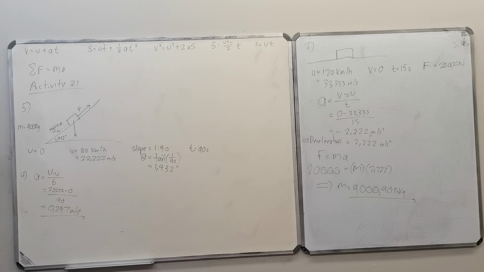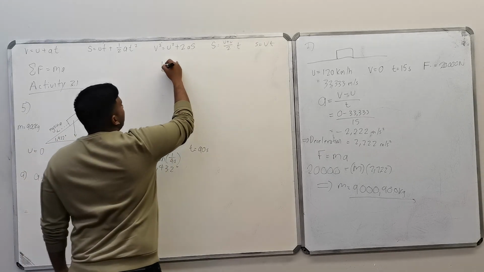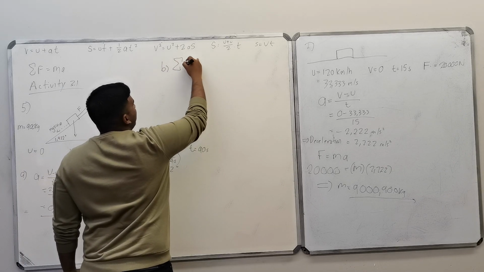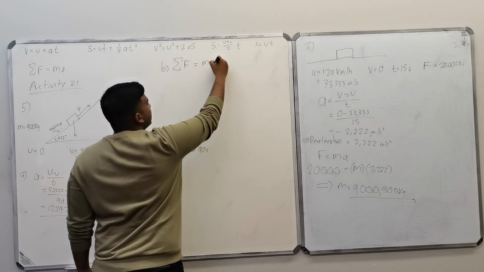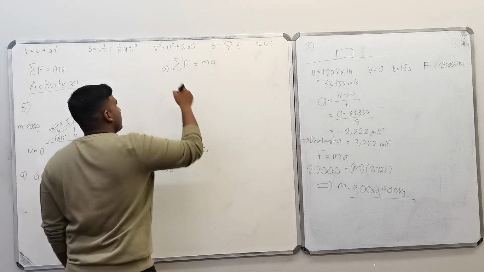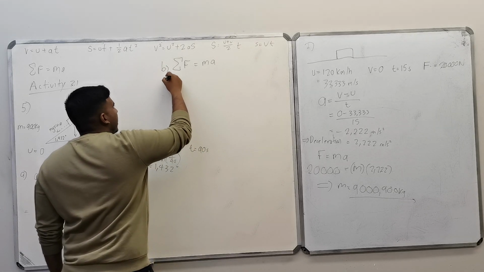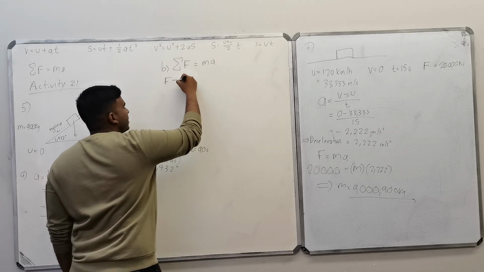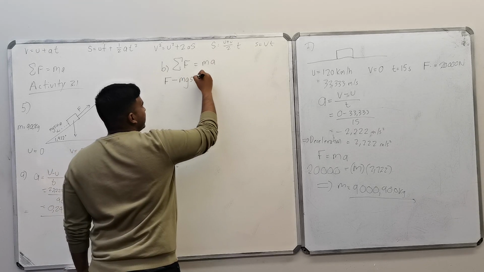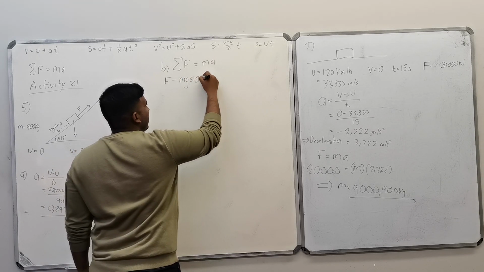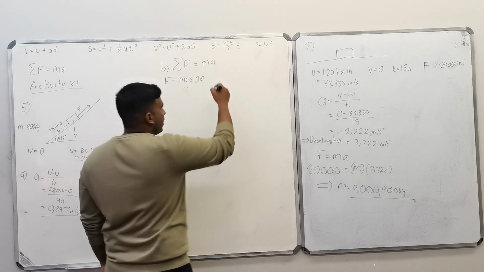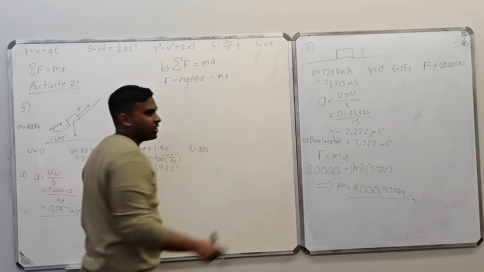So how you would have worked this out, you would have said the sum of the forces acting on the object is equal to mass times acceleration. Sum of your forces, positive F minus the gravitational force that's acting on it, which is mg sine of the angle, equal to mass times acceleration. Are we all okay with it?